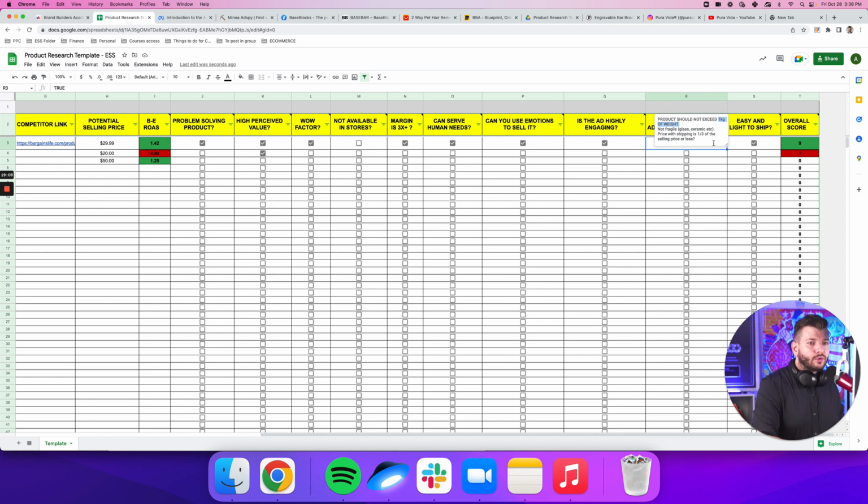That's why we want to focus on products that are light, so that an increase in shipping price wouldn't affect your margins a lot. And then we have the ratio here, and you can see the ratio changes.